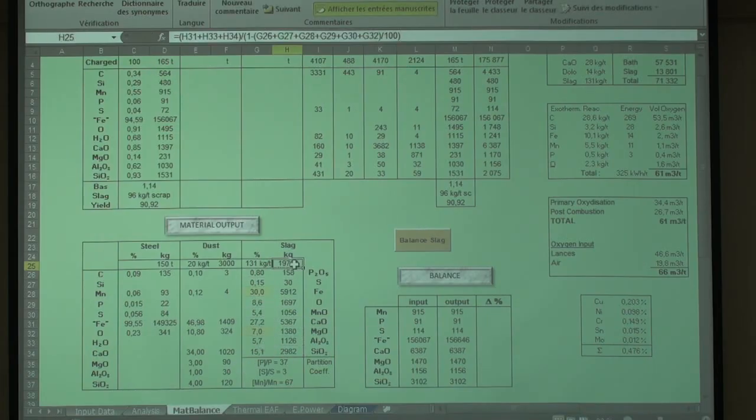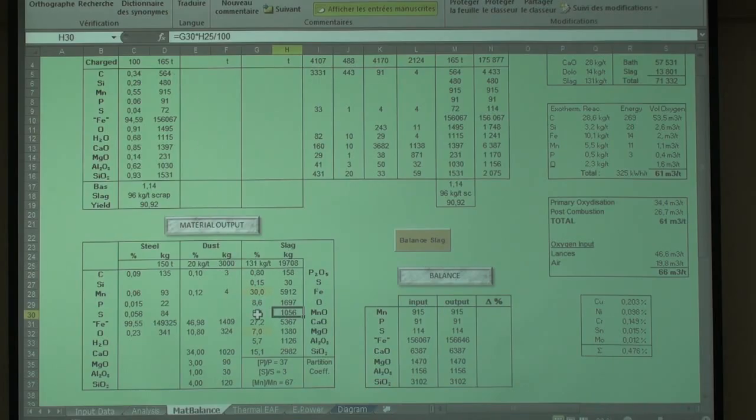So then we have the weight of slag. So we can calculate the weight of phosphorus, which is the weight of slag, total slag, times the content. Same for weight of sulfur, weight of iron, weight of oxygen, and weight of MnO. Yeah, MnO is the same.